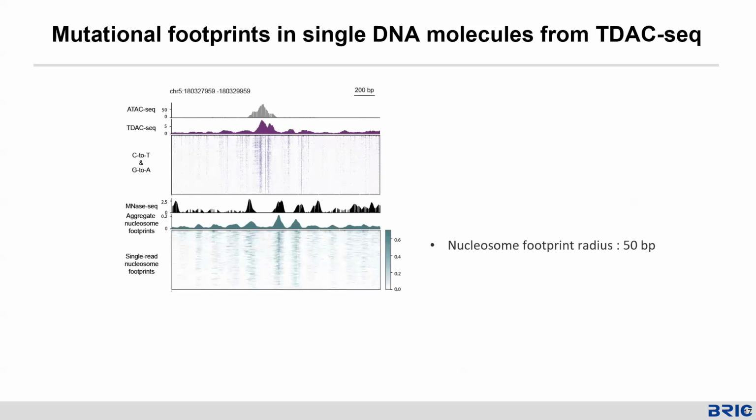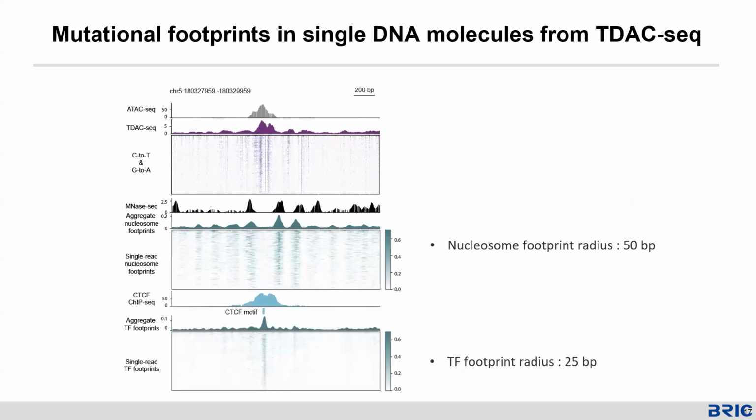You can see that the nucleosome footprint aligns well with MNase-seq, which is a typical way to measure nucleosome binding, but using short-read sequencing. And the lower green plots show TF footprints using a 25 base pair footprint window, and it shows strong CTCF footprints right under the CTCF motif.